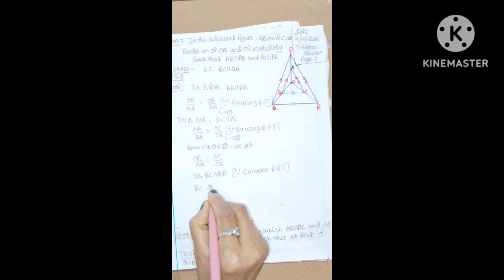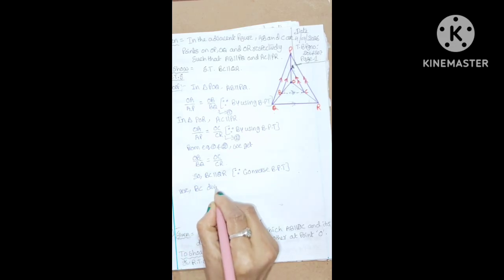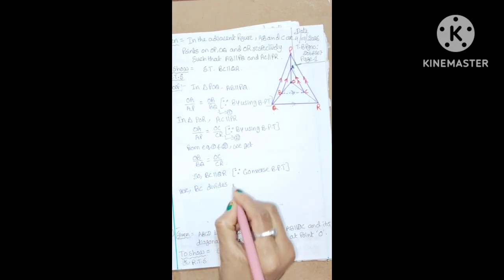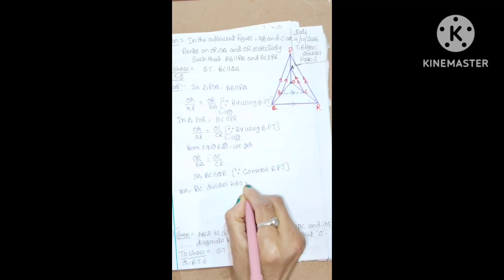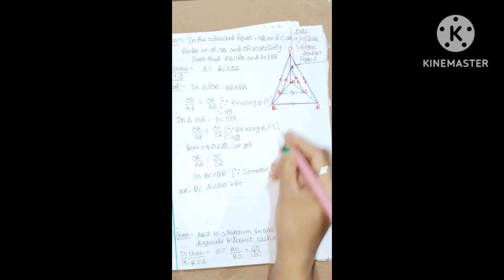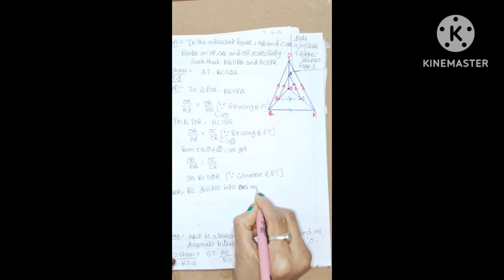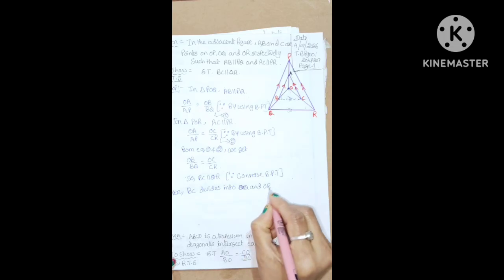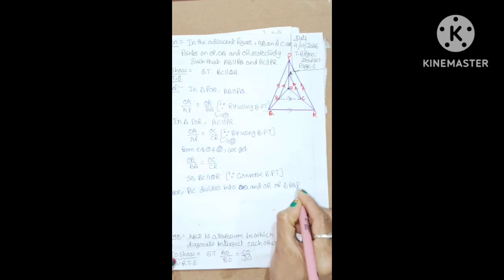BC divides two sides of a triangle. What are the sides here? PQ and PR. These two are sides of a triangle. What's the triangle name? PQR. Okay.